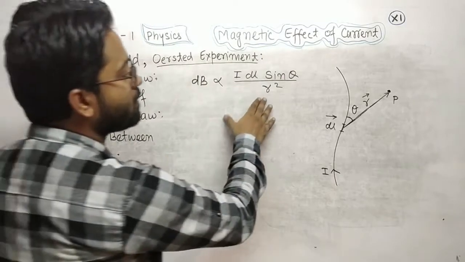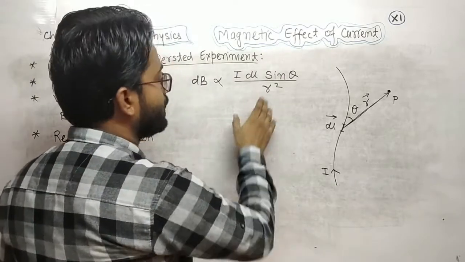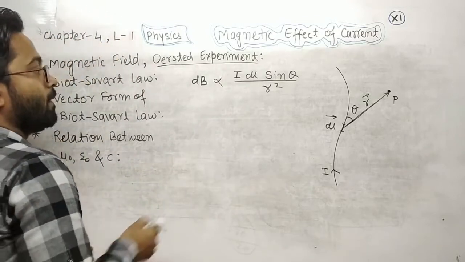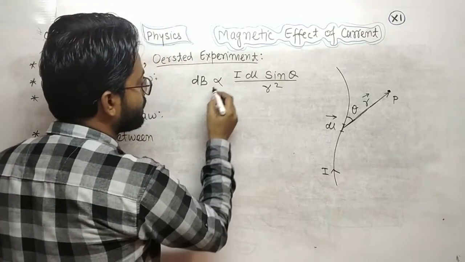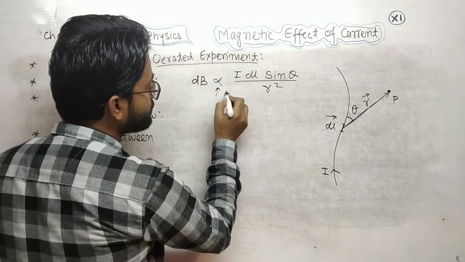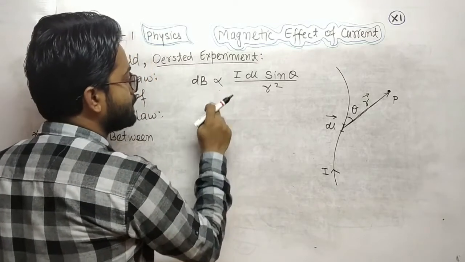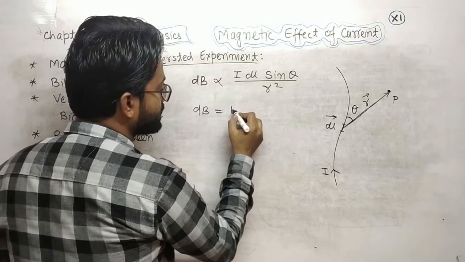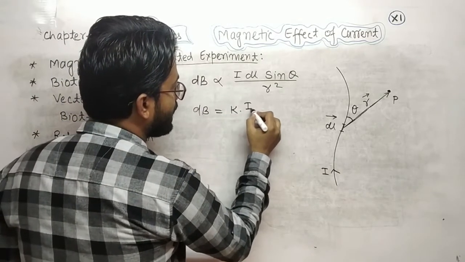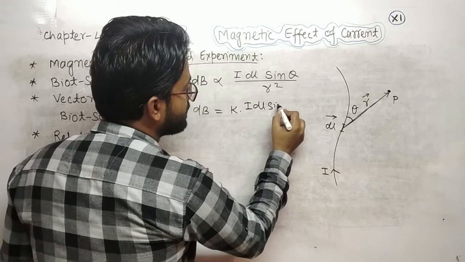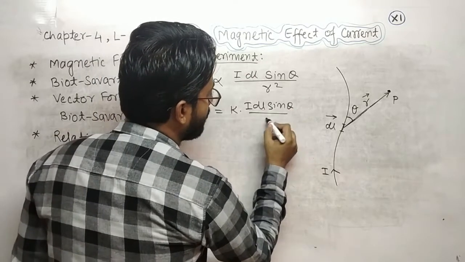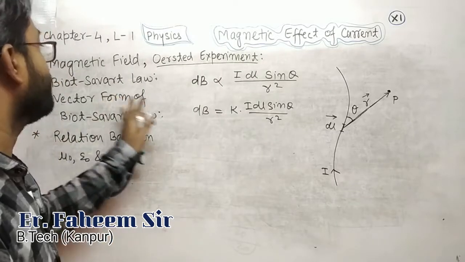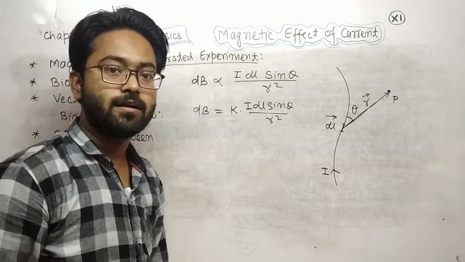This is like Coulomb's law, inverse square law, you can say that. After removing this particular symbol, that is proportionality, there will be a proportionality constant. Let us suppose this is small k I dl sine theta upon r square. This is the formula for the magnetic field, and this is according to the Biot and Savart law.